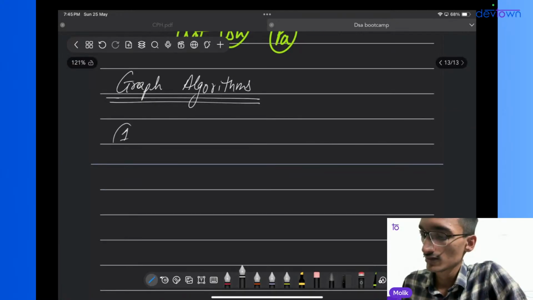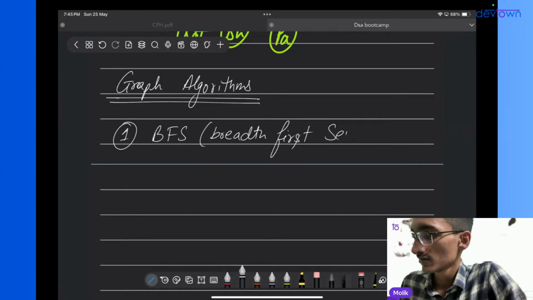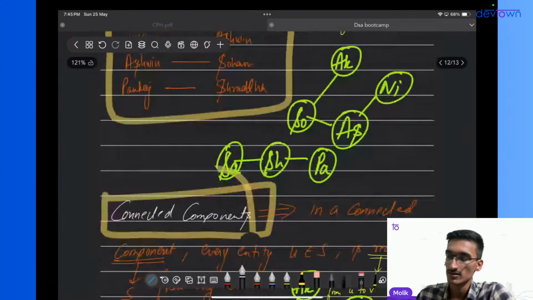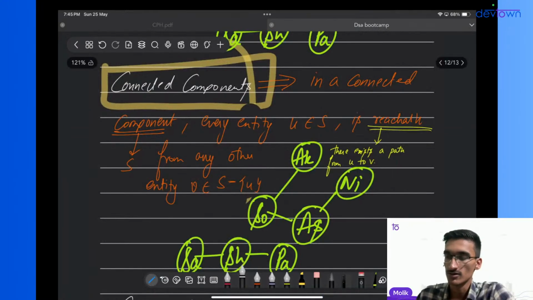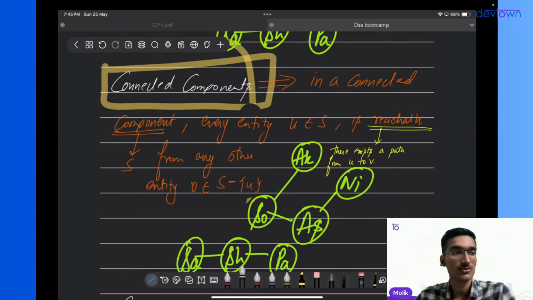Let's just talk about BFS, Breadth First Search. Okay, is there any doubt to anyone before going to graph algorithms? Is there any doubt about whatever we have talked till now? You can ask in the chat. Now we will talk about BFS and DFS, and then we'll be jumping on to some problems of BFS and DFS. Till then, you can tell me if there is any doubt.